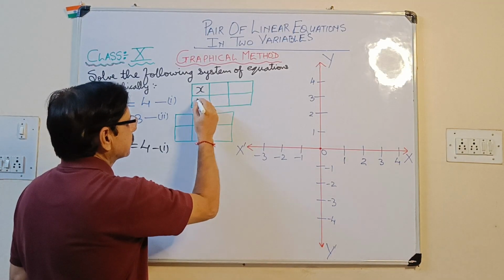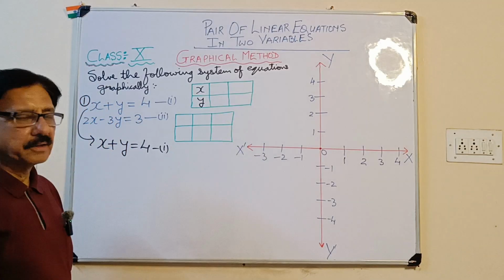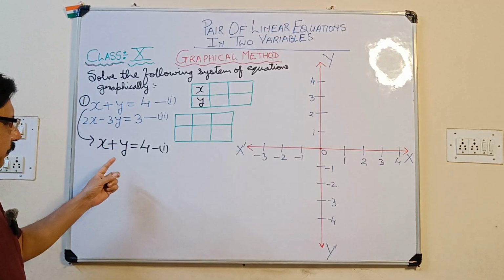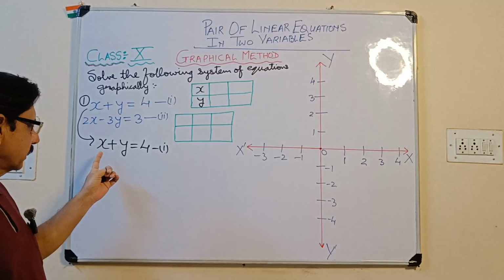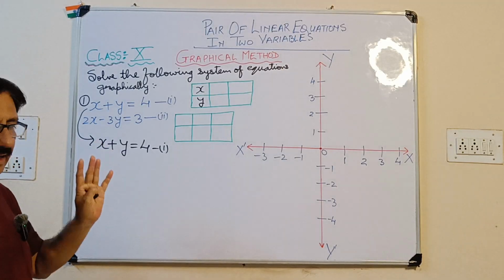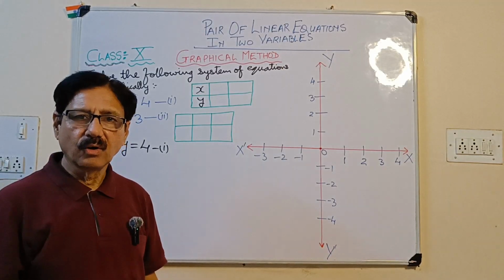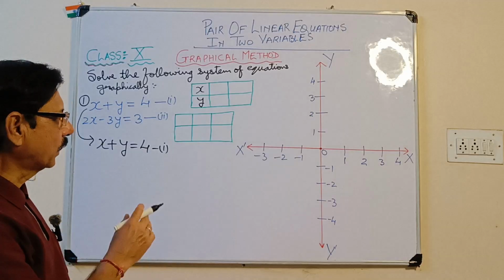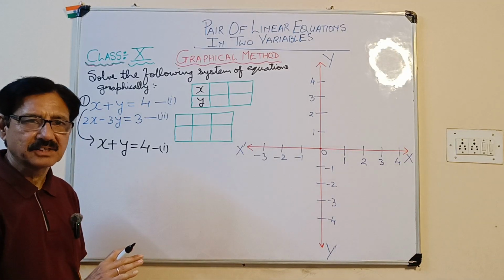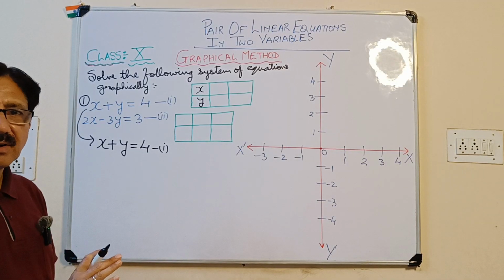So here x, here y, in the table I have written. Whenever there is no numerical coefficient in x and y, solve it this way: one time you put the value of x as 0, one time you put the value of y as 0.